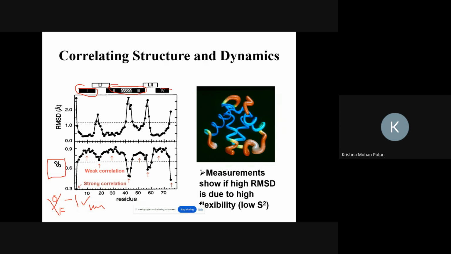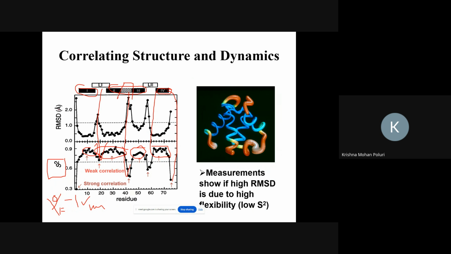These are the structural elements. Wherever there are structural elements, there is order. And wherever there are no structural elements, at the endings, there is less order.